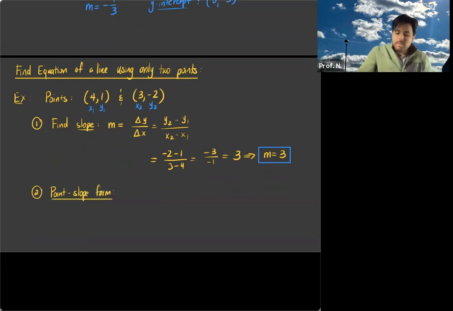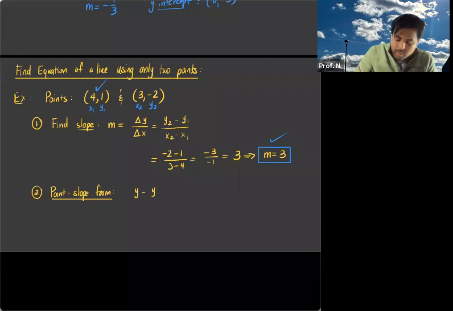Well, I have my slope, check. And I have one of the points, check. I can choose either. So now for this, guys, I can choose either these two coordinates or these coordinates. It doesn't matter. But since I already have it written as x1 and y1, might as well just use 4, 1. But what I'm saying is I don't have to use only 4, 1. I could use 3, -2 in the point slope form.